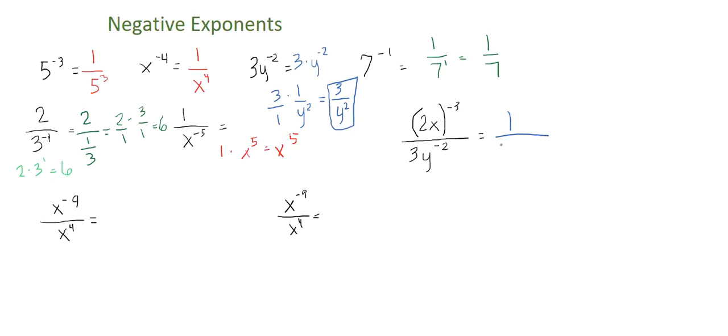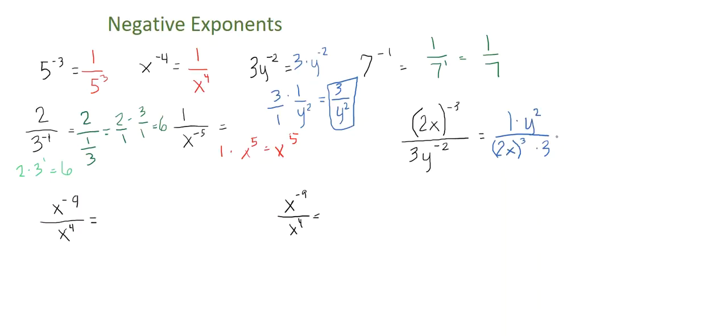And on the bottom, we now have 2x to the third, and I still need the parentheses since the 2 and the x are both part of the base. And then we have times 3 y to the negative 2, so the y to the negative 2 can actually go to the top. So now on the top we have 1 times y to the positive 2.